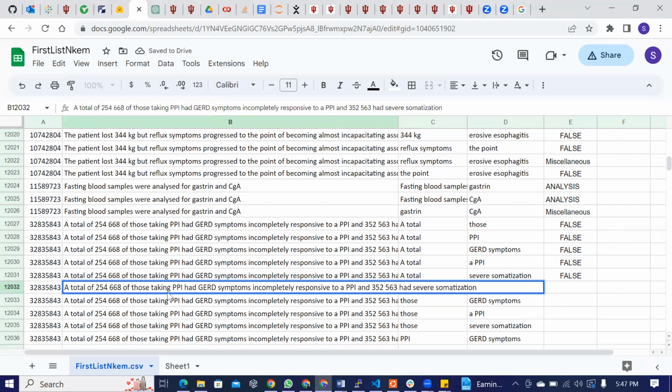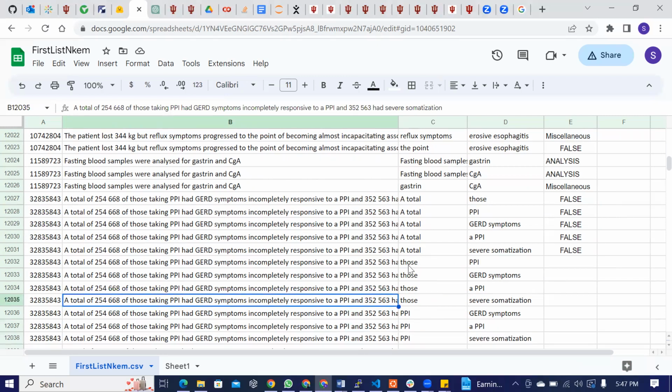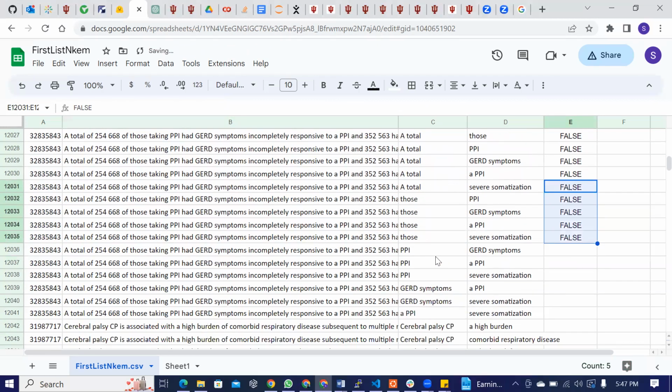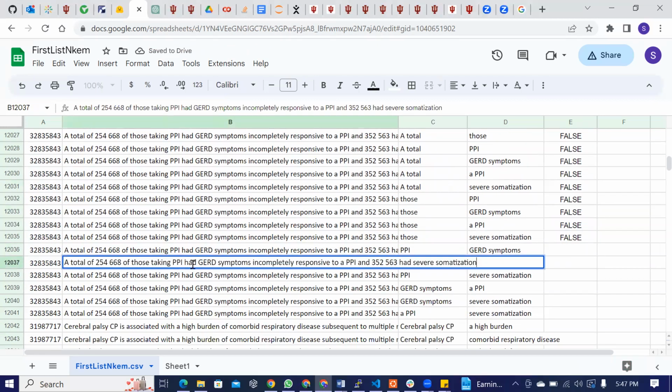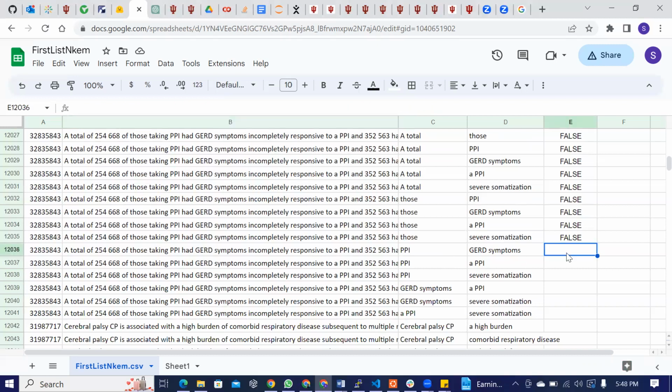It's still describing of those, the total of those who were taking. It's when we start getting to PPIs that we now start seeing something like a relationship. So when we say PPI, GRD symptoms, so people who took PPI had GRD symptoms. So there's a relationship there.